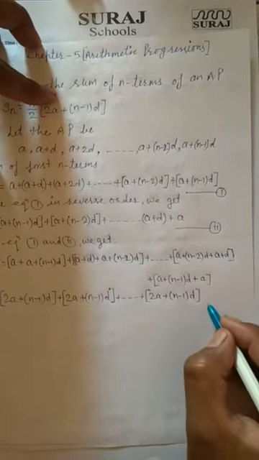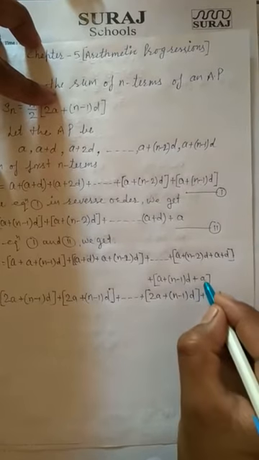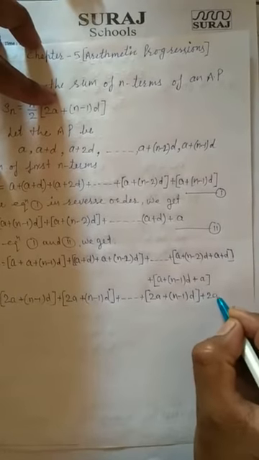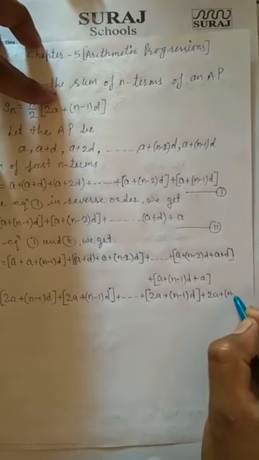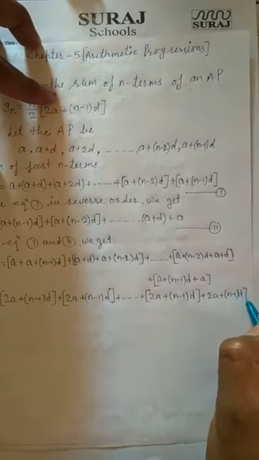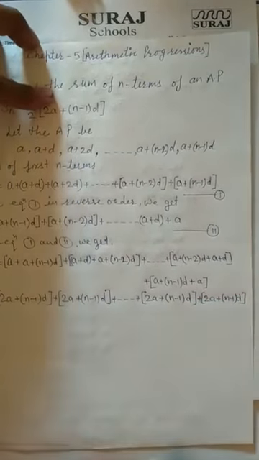So we got this, plus a plus a, 2a plus (n minus 1) into d. Bracket close. Okay.